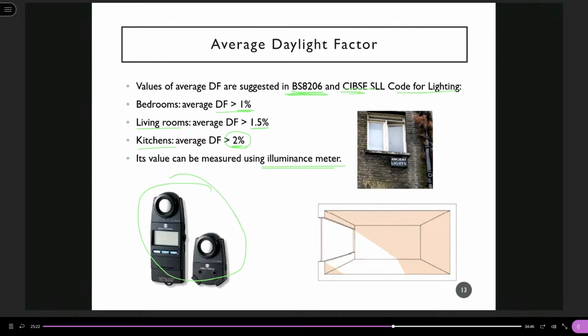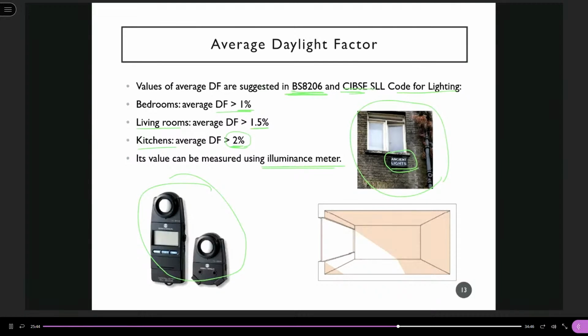In this picture, can you see the words over here? The words read "ancient lights". In some places, like in the UK, they have an ordinance regulating the rights to light.